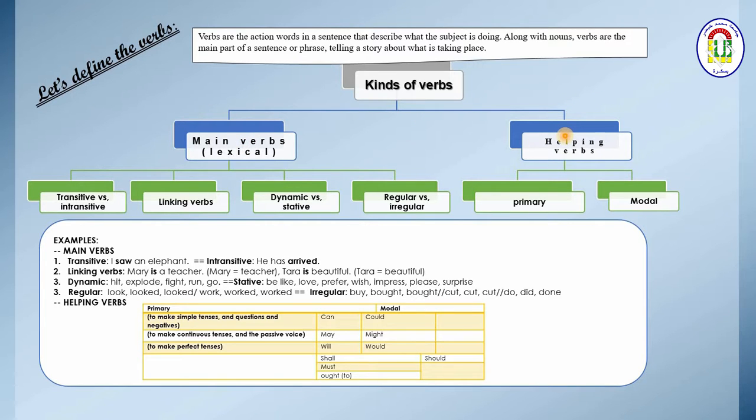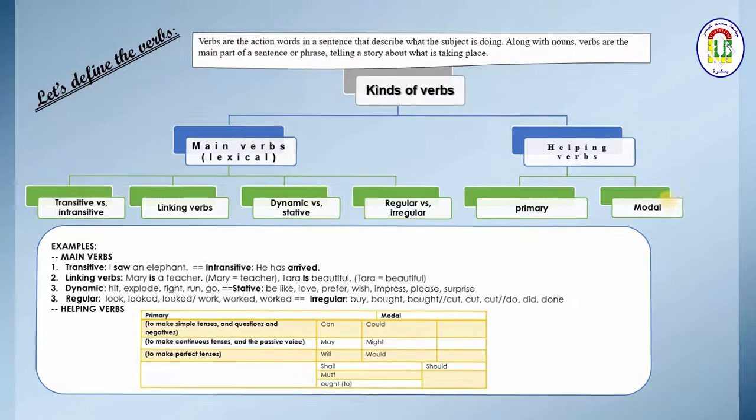And helping verbs, so they do nothing, they just help the main verb to form, for example, perfect tense or progressive tense. Also, we have the transitive and intransitive as part of the main verbs. We have the linking verbs, dynamic, stative, regular and irregular. And for helping verbs, we have primary and we have modal verbs.